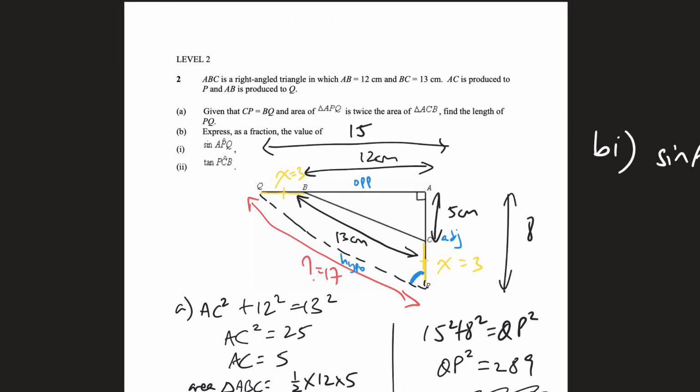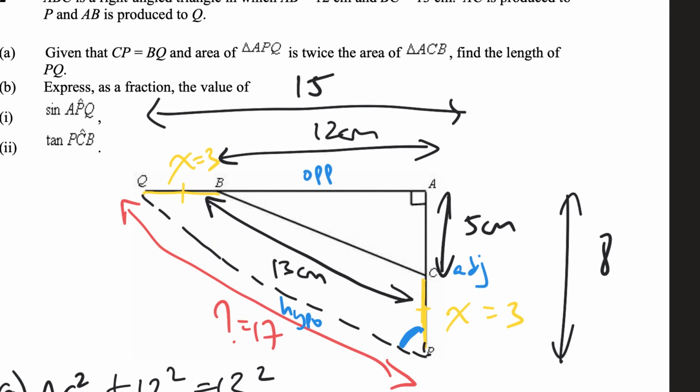And now tangent PCB. PCB is this angle over here. It's kind of hard to find the tangent of that angle, but can we find the tangent of this angle, BCA? Yes, we can.